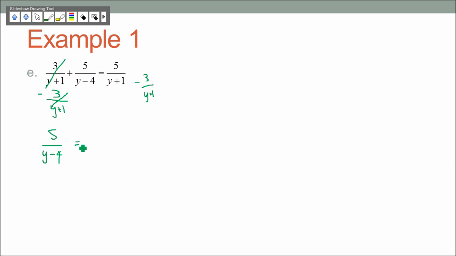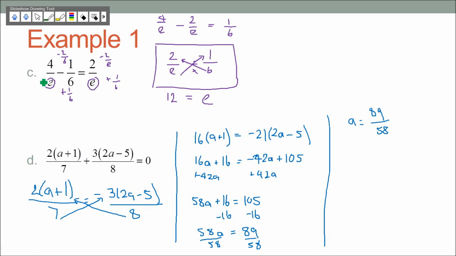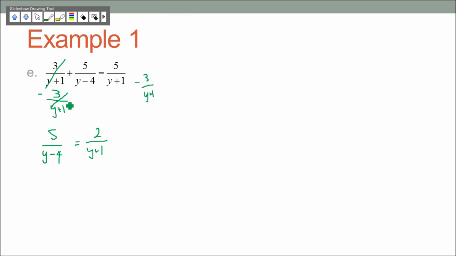And on the right-hand side, because we have a common denominator, all we have to do is subtract the numerators from each other. So 5 take away 3 is 2 over y plus 1. By doing that move, we have simplified it into an equation that replicates what we did in example 1D. We have a question with two fractions separated by an equal sign, and once again we can cross multiply to get our final answer.